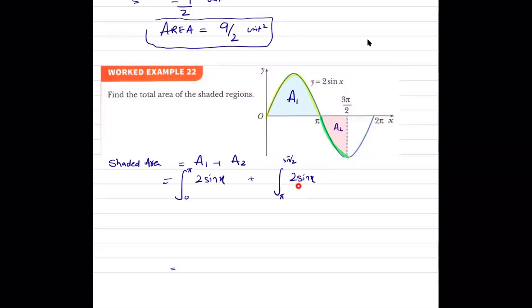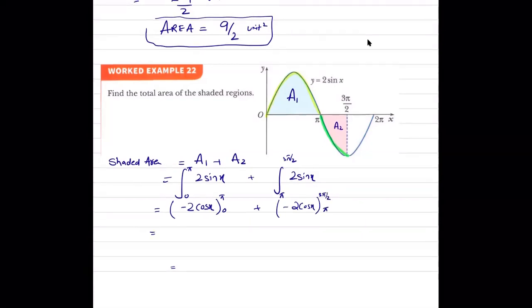So we are going to turn that value into a positive value because we know that area cannot be negative. Okay, so integration of 2 sine x is simply minus 2 cos x, right? And you apply the limits from 0 to pi, minus 2 cos x, and you apply the limits from pi to 3 pi by 2.